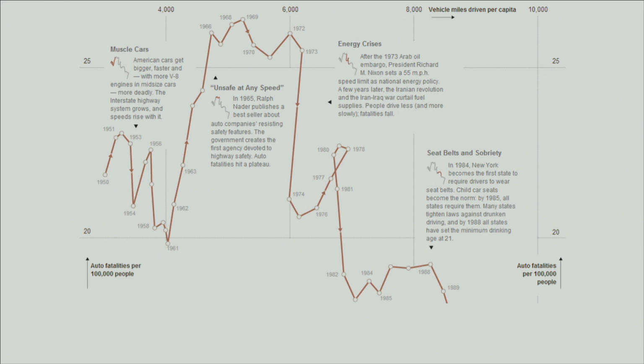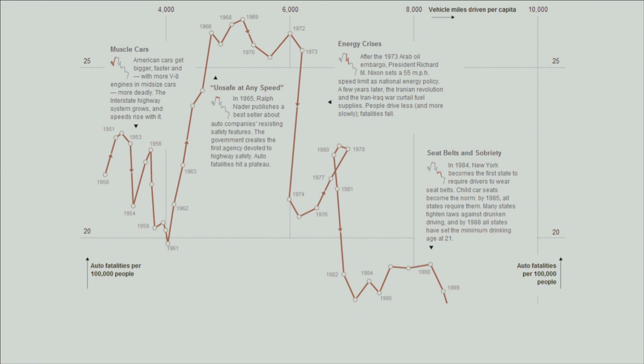This is a piece from 2012, I believe, that talks about how this has changed over time, and it argues that certain events, certain people have influenced the number of people who die on America's roads, and that's what these annotations are for. I don't expect you to be able to read those. The only thing I want to point out is that there are little sparklines in each of those individual paragraphs that show you which part of the whole graph they correspond to.